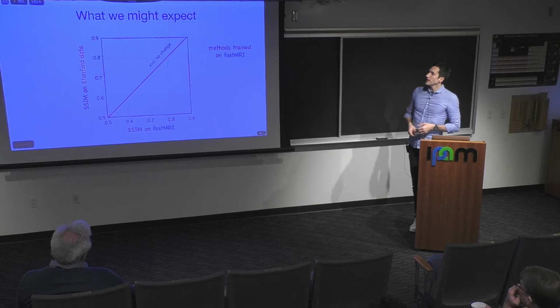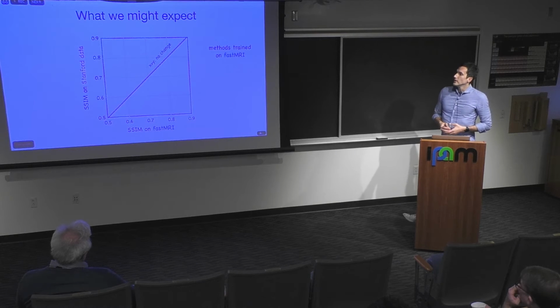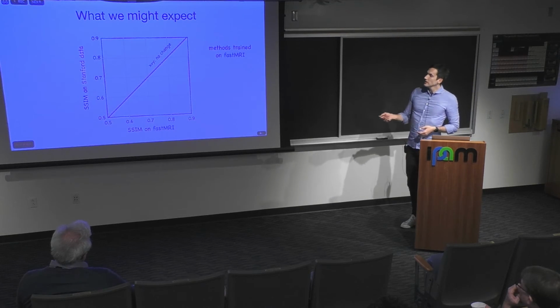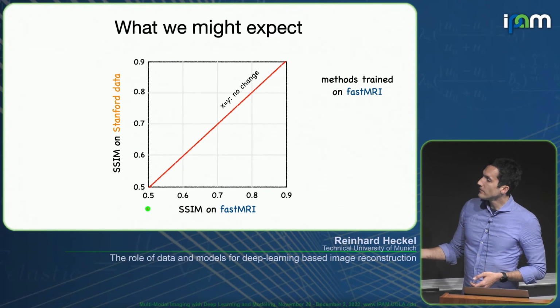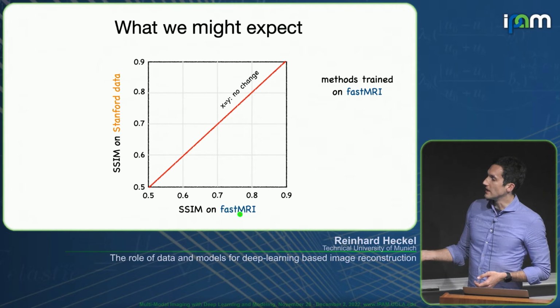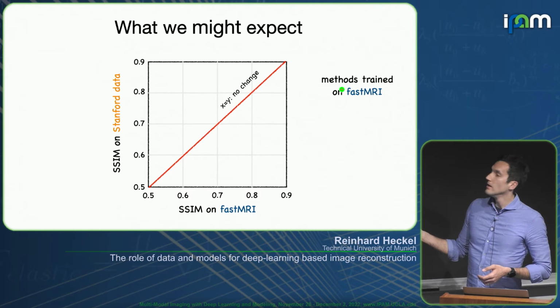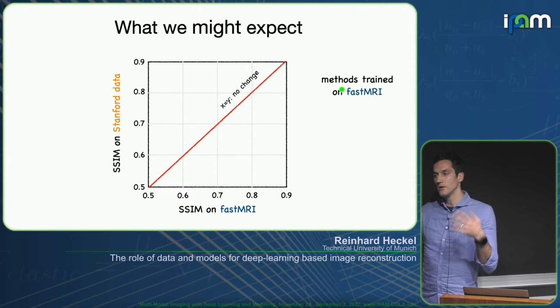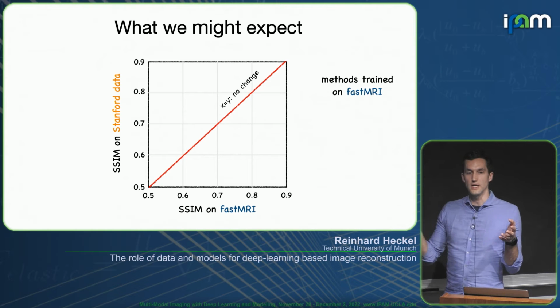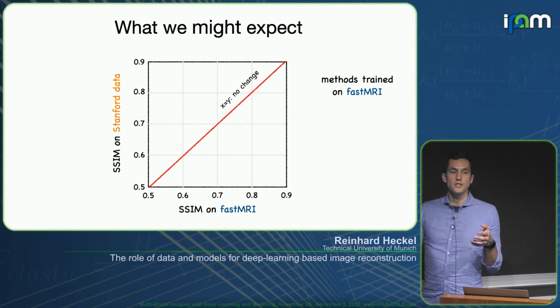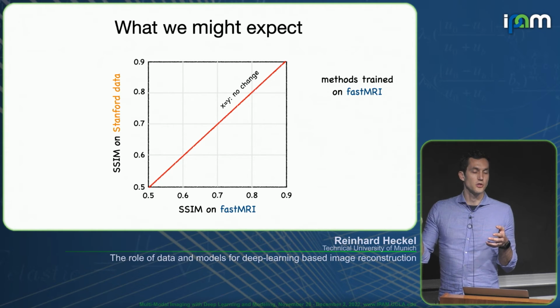Okay, and so now let's think through what we might expect. What I'm plotting here is the performance on the FastMRI dataset. So we look at the methods trained on FastMRI, right? Methods trained on FastMRI means for the neural network, it's trained on FastMRI data. For L1 minimization, it means the regularization parameter is chosen based on FastMRI data, right?